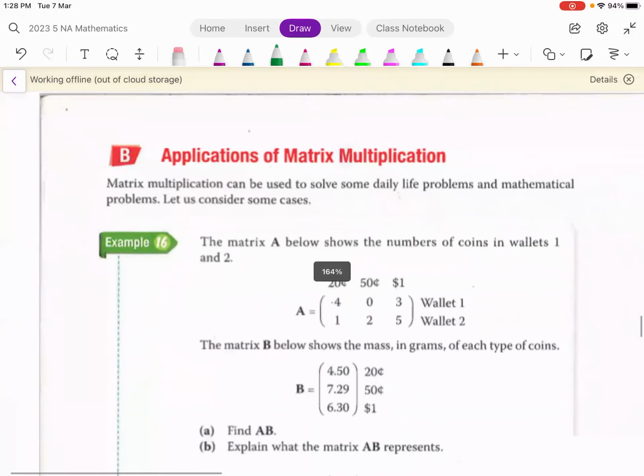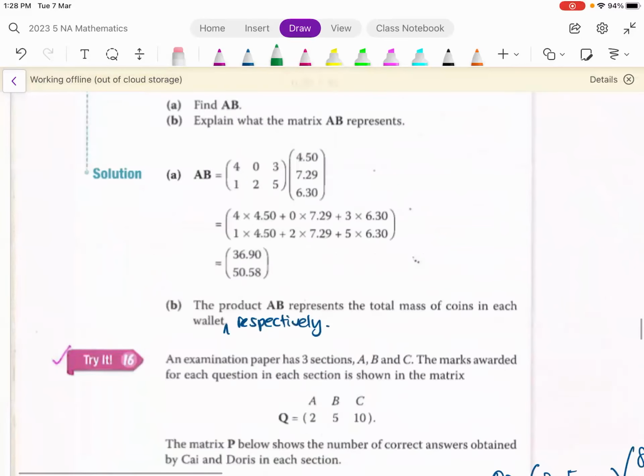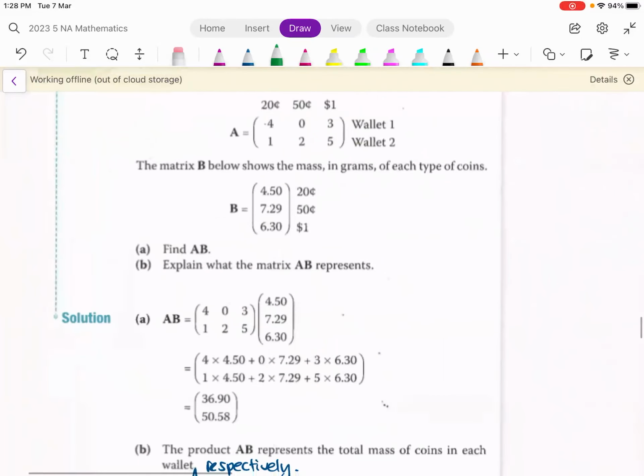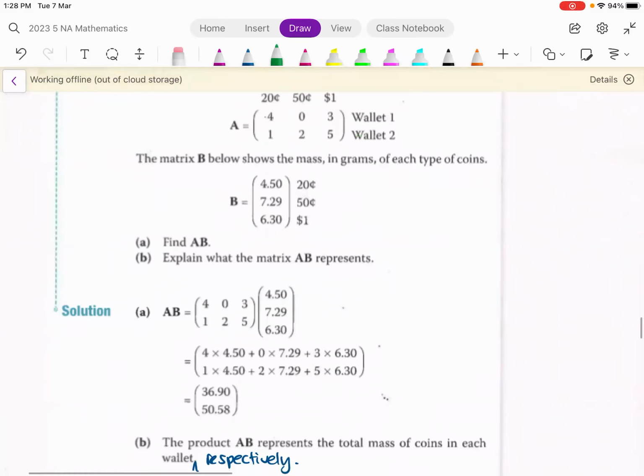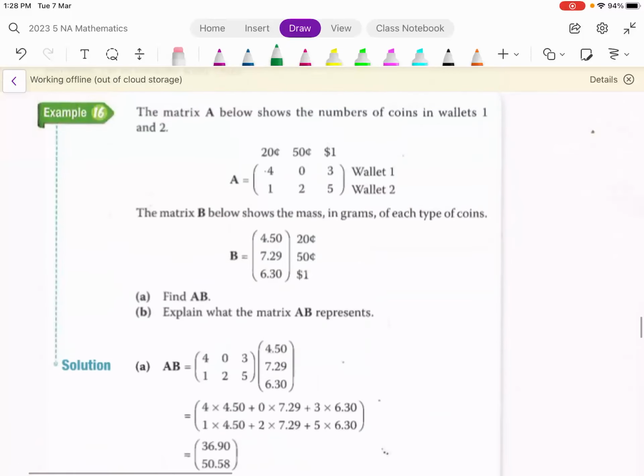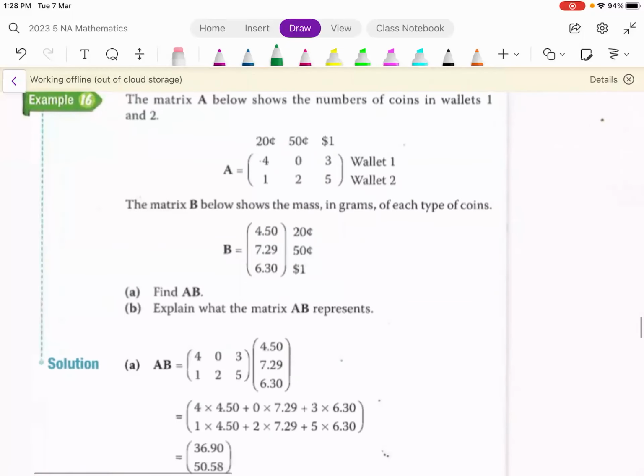Okay, then in the video, I covered until example number 16. I showed you how to do the multiplication: row, then column. Now in AB, matrix A shows the number of coins. So the header, I also talked about it, is very important. For matrix A, put here 20 cent, 50 cent, $1, and over here we have wallet 1, wallet 2.